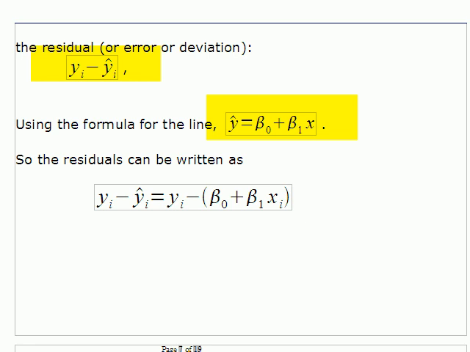I'm going to substitute so I can write the residual as y i minus the formula for the line. Hope you can see that. Here I have y hat, here I have the expression for y hat, and I substitute that. That gives me another way to write the residual.